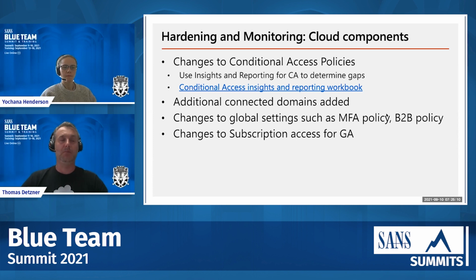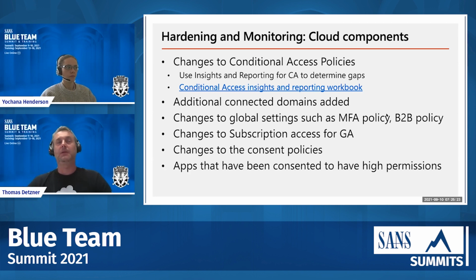These are very powerful permissions that can get an attacker vast access to subscriptions and data and maybe compute power in the cloud. Also, as we've seen from the malicious app consent scenario, look at changes to the consent policies in your tenant, as well as any apps that have been consented with too high permissions. Again, a call out to the IR playbooks that we've mentioned earlier.